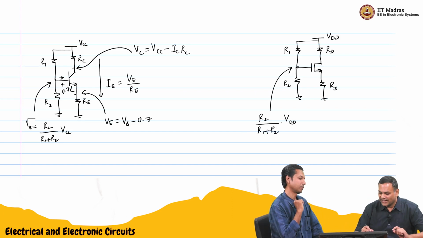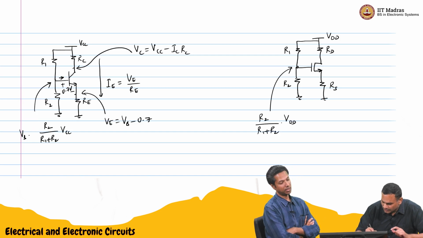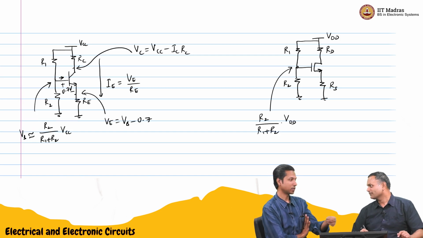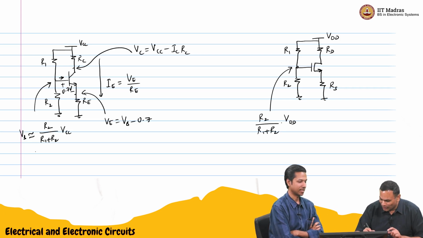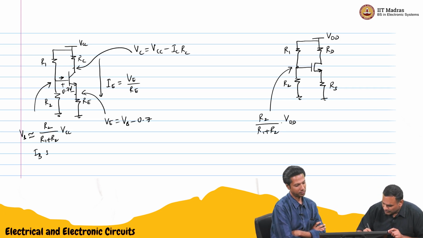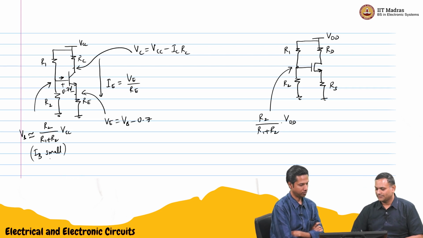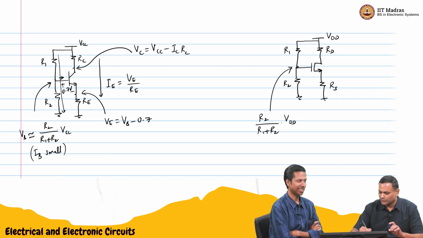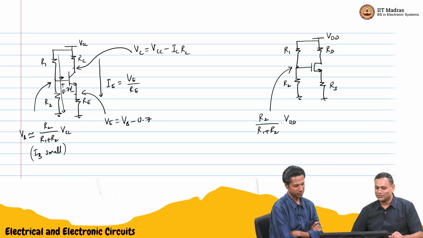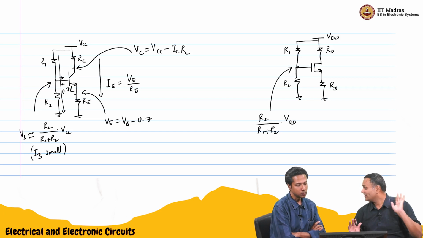Whereas for the BJT, the voltage we have written is for open circuit, assuming IB is small. So IB needs to be very small compared to the current flowing through these two resistors. Here we don't have that problem at all.